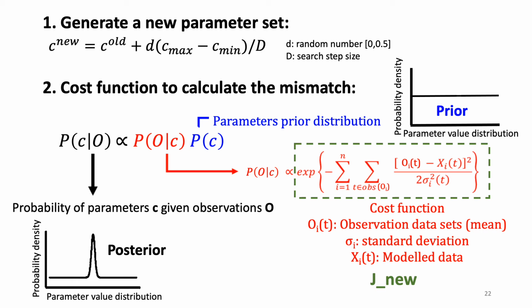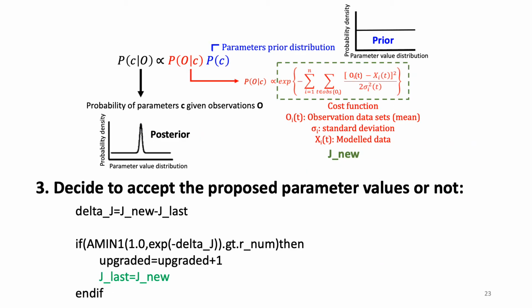A larger standard deviation refers to a lower confidence in your observation mean, and thus the weight of this mismatch will be small in your final cost function. The third equation is the criteria set to decide whether to accept the proposed parameter values or not. This is the source code used in our data model fusion framework.